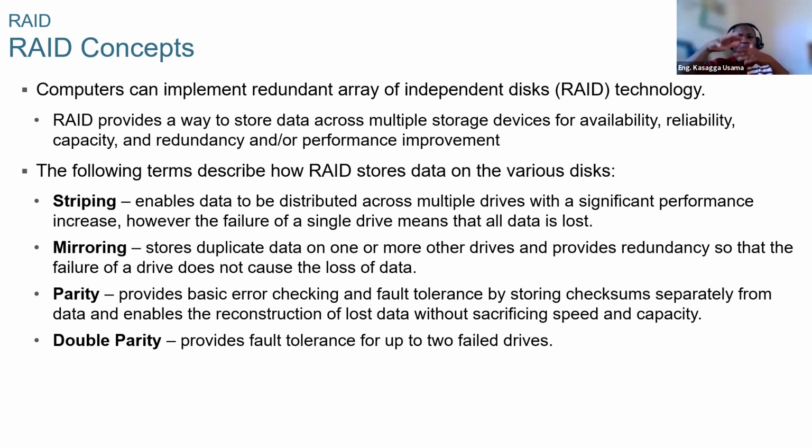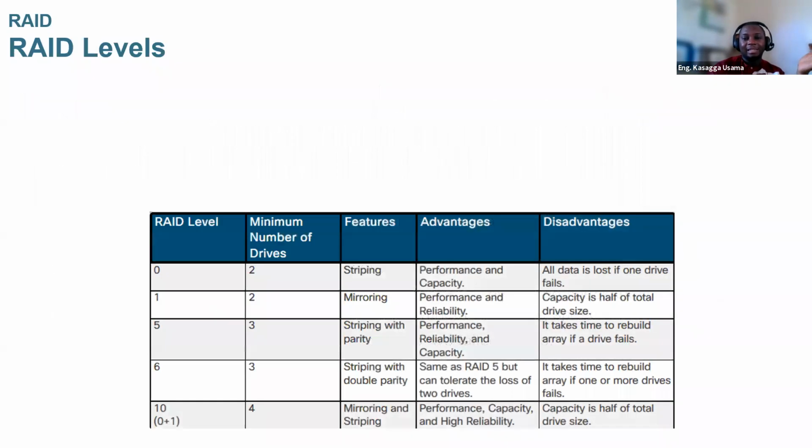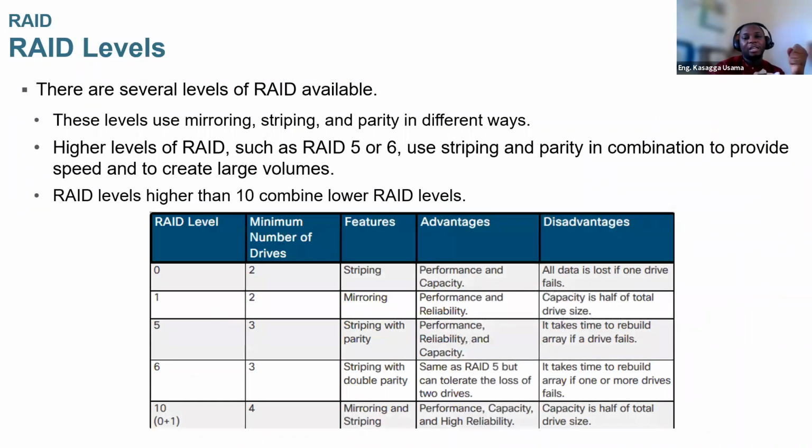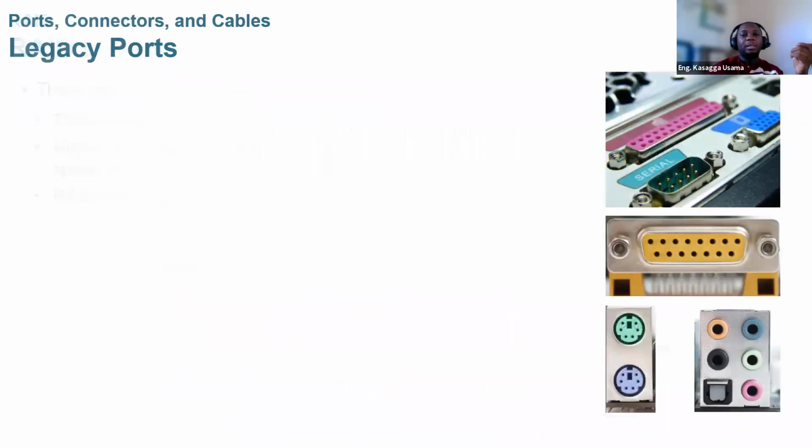Altogether, these are different mechanisms which are used to store data on the various hard disks. So they can be explained here. They use different numbers, the minimum number of devices that it can use when you are duplicating: 2, 3, 4, 1, and their advantages, what it can add onto the different gadgets.